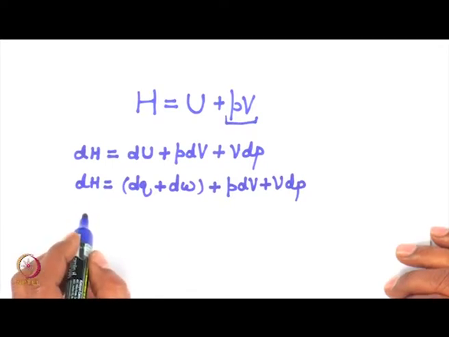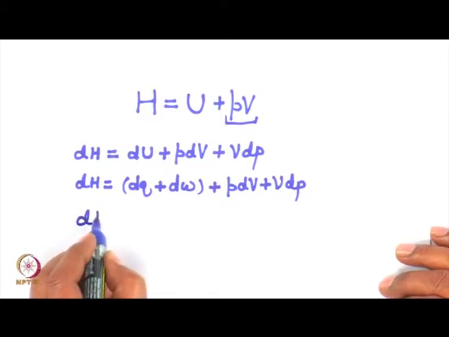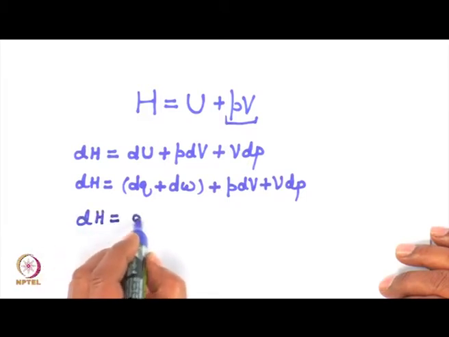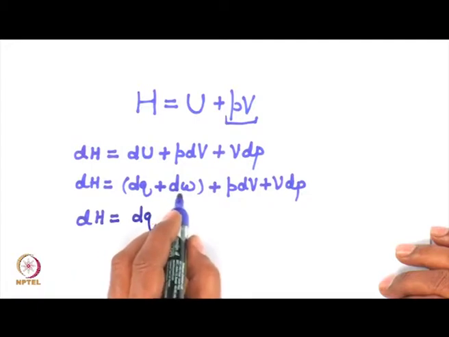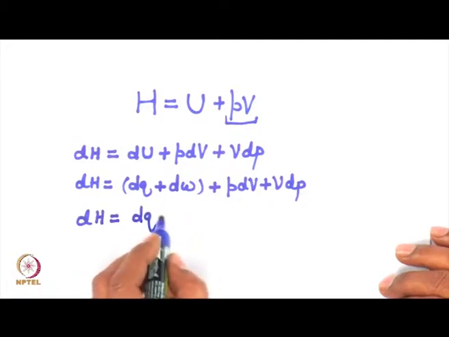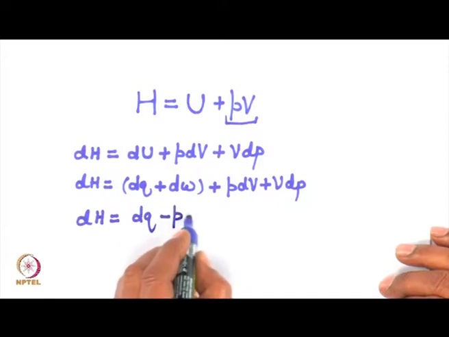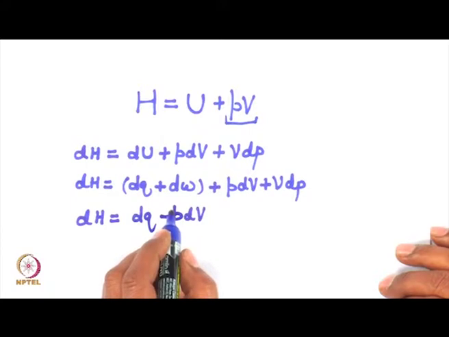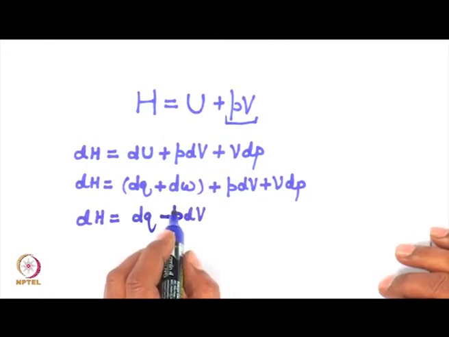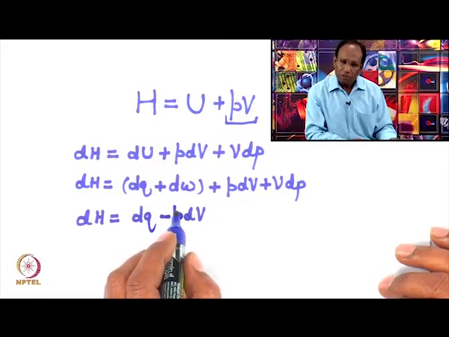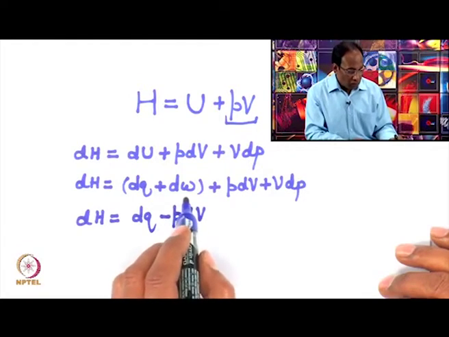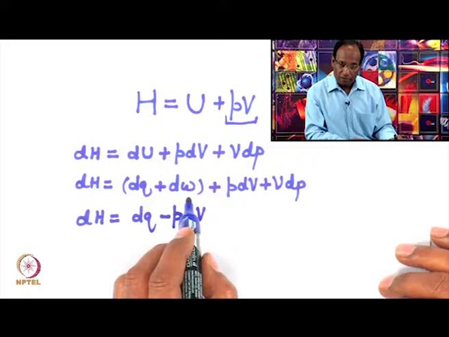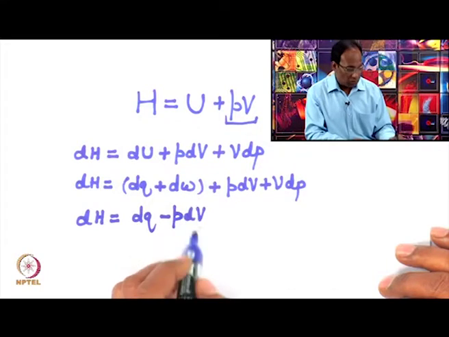Now, let us consider mechanical equilibrium between system and surrounding. If there is a mechanical equilibrium between system and surrounding, I can write dw as minus PdV, as we discussed in the previous lecture, in case there is a mechanical equilibrium between the system and surrounding, and also there is no other work done, that is non pressure-volume work is equal to 0.